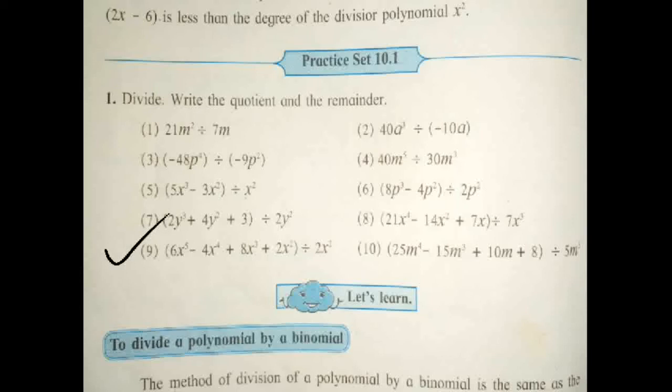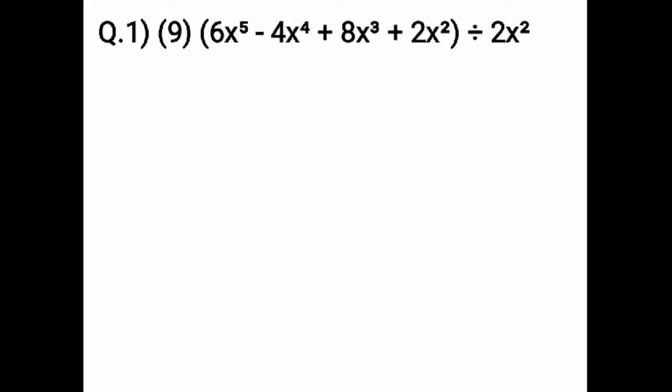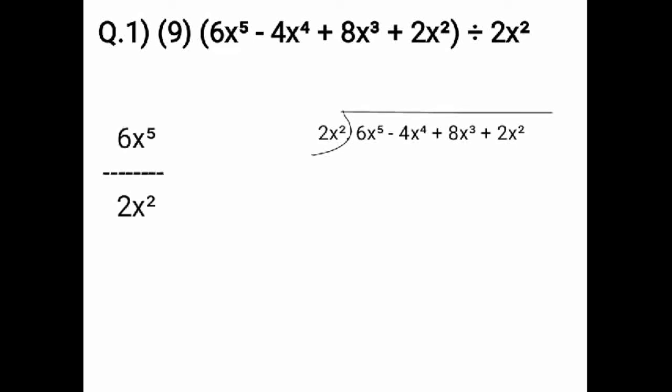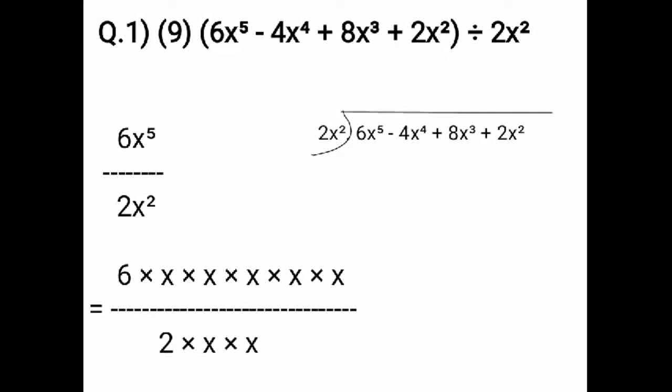Next, 6x raised to 5 minus 4x raised to 4 plus 8x cube plus 2x square divided by 2x square. Totally there are 4 terms in bracket. First you have to take the single term when you divide by 2x square. First term is 6x raised to 5. 6x raised to 5 upon 2x square is equal to 6 into x into x into x into x into x upon 2 into x into x.